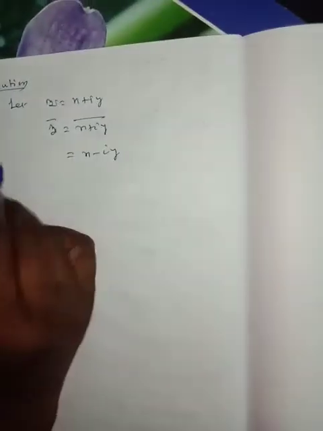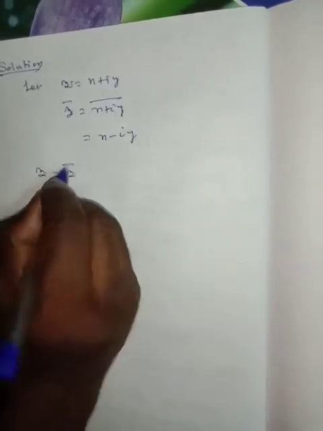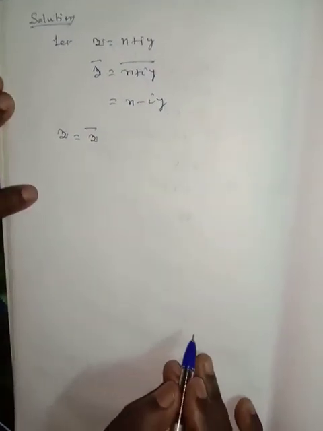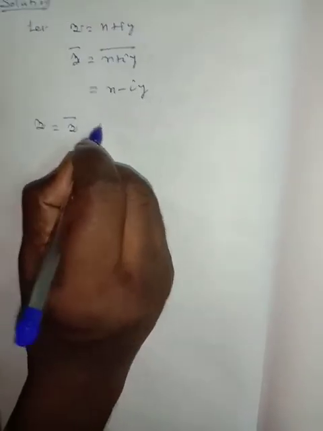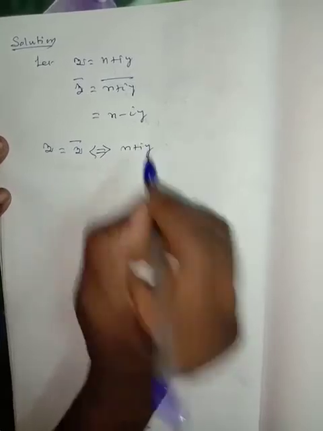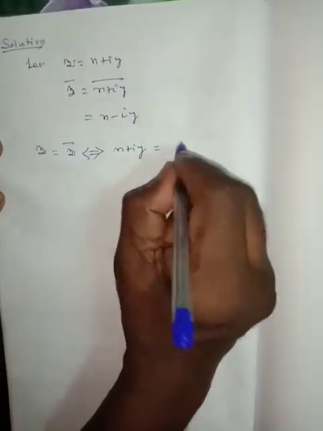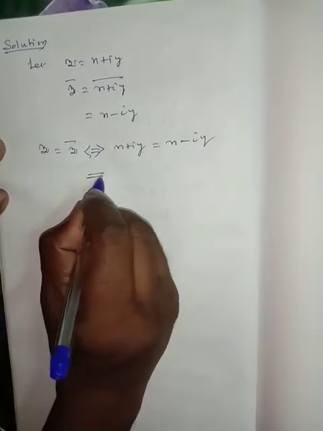Now the question is, z is equal to z bar, then z is real. z is equal to z bar if and only if x plus iy is equal to x minus iy.